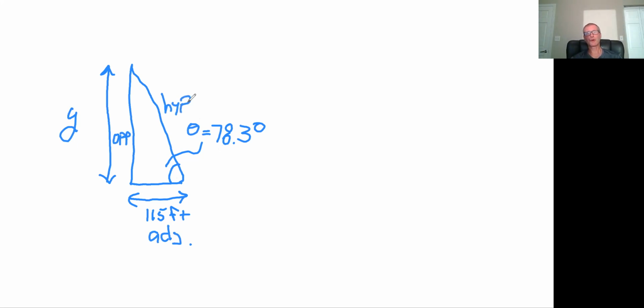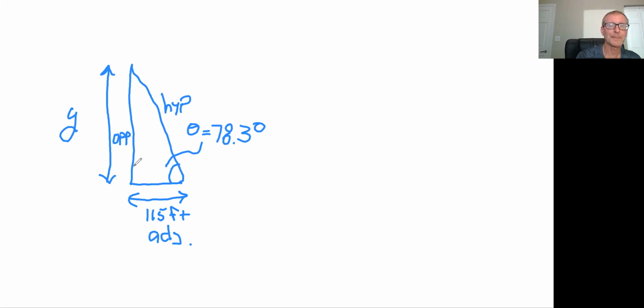So the question always is, what is the best trig function to use for this calculation? Ideally, if you have a single equation to solve, you need just one unknown. What we don't know is the hypotenuse, right?